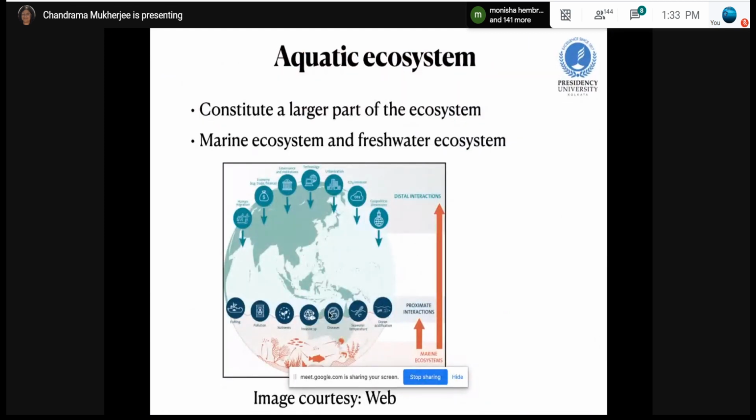So 70% of the Earth's surface is covered with water, and within this aquatic environment lives a whole myriad of aquatic organisms. These life forms are vital to the global ecosystem and sustainability.